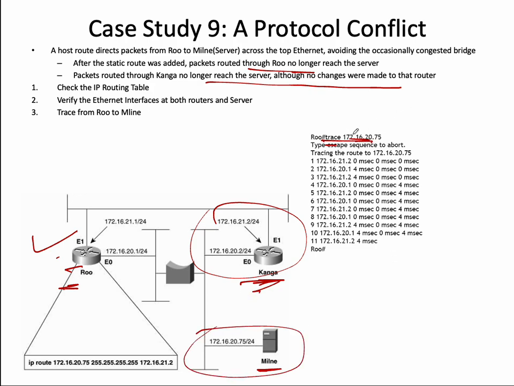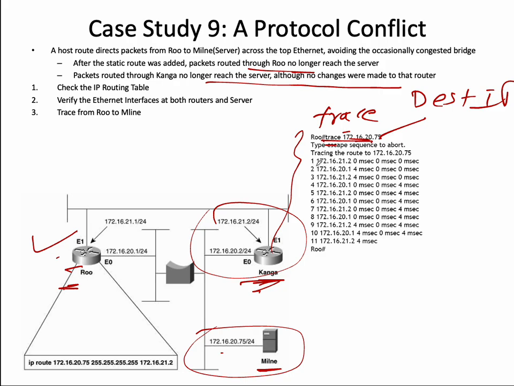So use trace, this is the command, the trace and your destination IP. What is the destination IP? This is our destination IP, 172.16.20.75. If you type escape in the command line of the router, then you get out of this command. It will exit.